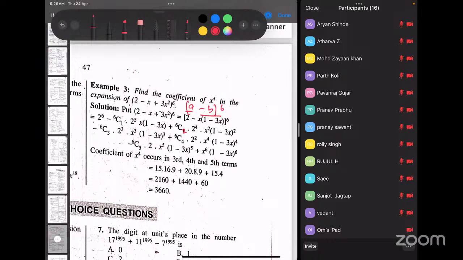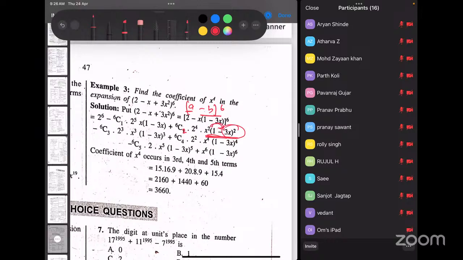And then we will look in which term we will get x raised to power 4. In the first term, we will not get x raised to power 4. In the second, we will not get x raised to power 4. In the third one, we can get x raised to power 4, because when you multiply (1 minus 3x) whole square, there will be a factor with x square, and when this x square is multiplied, we will get x raised to power 4.